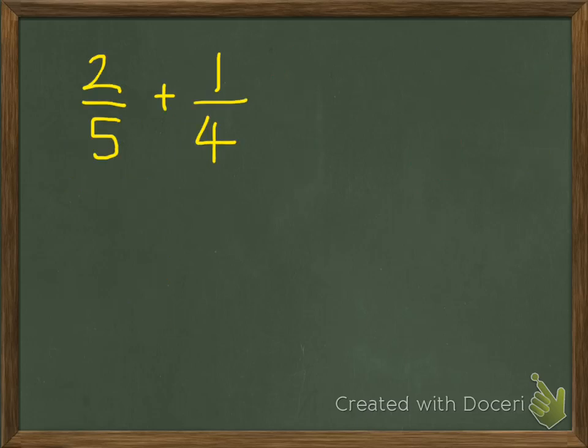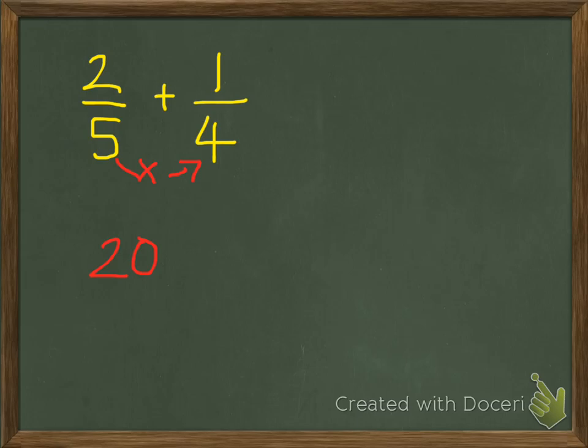Okay, let's work through this one and see how we go. So here we go, and we're going to kick off with multiplying 5 by 4. So we end up with 4 5s are 20. So I've got to turn this equation into a new one with equivalent fractions.